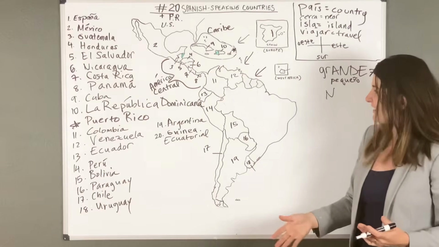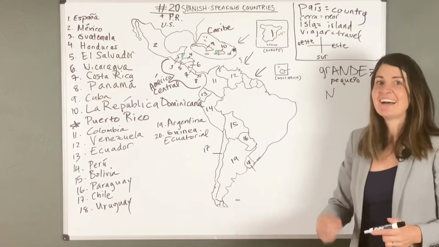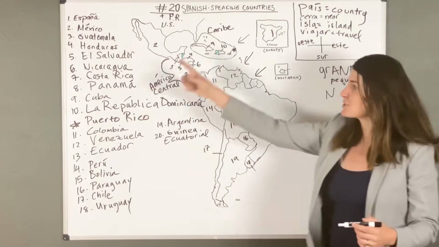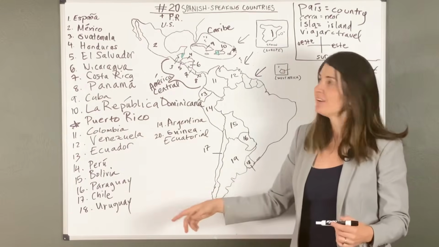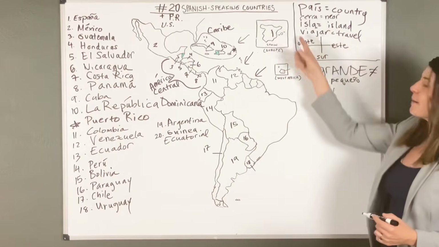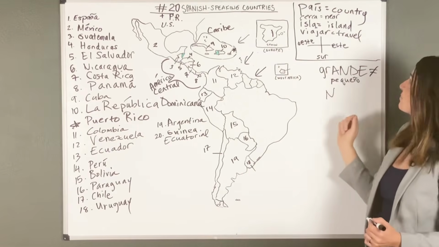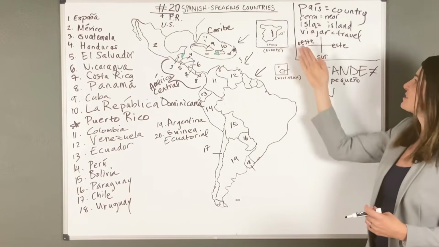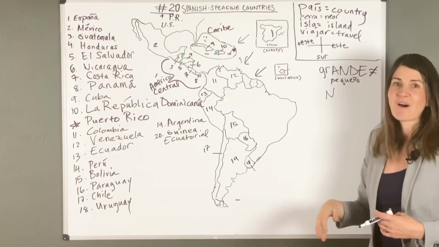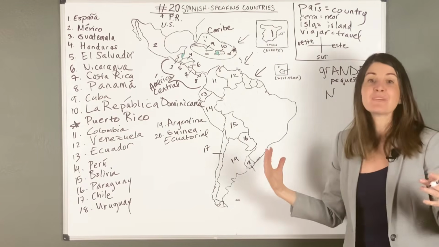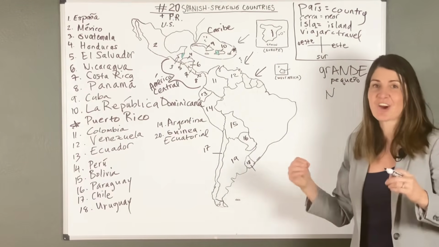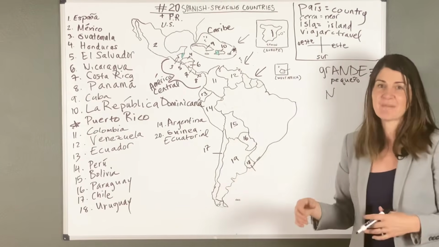Excelente, muy bien. Buena práctica. Pronunciar los países en español y aprender palabras en español. Let's conclude by repeating these words that we are adding to our vocabulary to be able to stay in the target language while learning about Spanish.